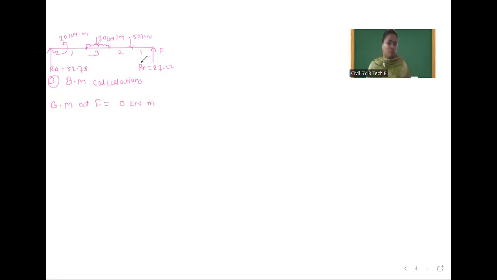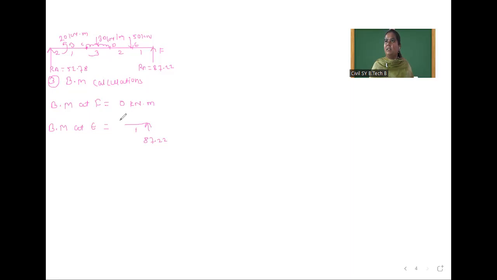After that, we will move towards this E point. So next is bending moment at E. I will draw the figure here for this E point. Here 87.22 force is applied and this distance is 1.